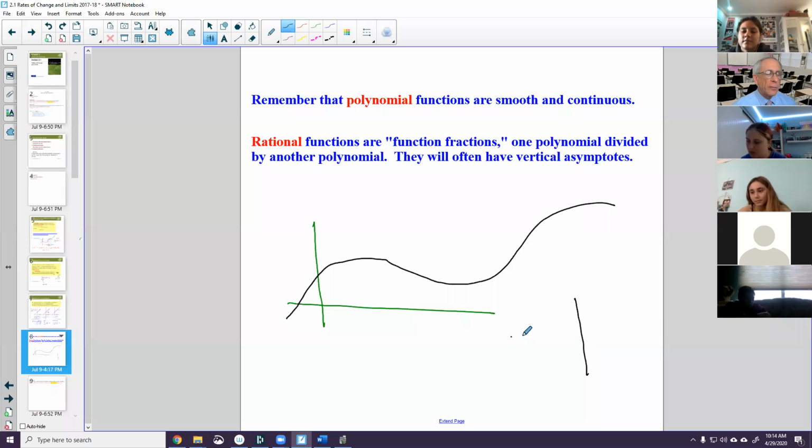Rational functions usually have either a hole in them, or lots of times they have a vertical asymptote. I'm just reminding you what the graphs of those two things look like. In calculus, polynomials are going to be your best friend, right? And we do a lot of calculus with polynomials because they're smooth and continuous.